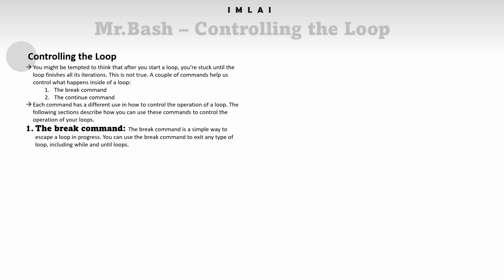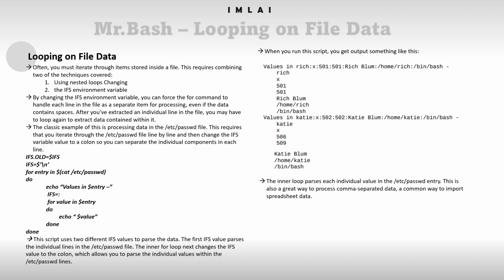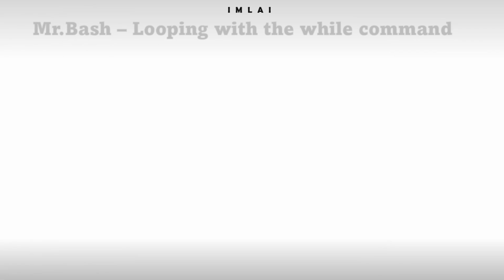The first one is the for loop. The for command allows you to iterate through a list of values, either supplied within the command line or contained in a variable, or obtained by using file globbing to extract file and directory names from a wildcard character.